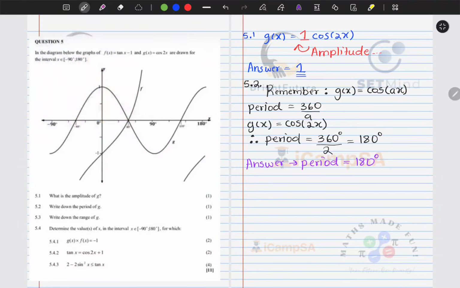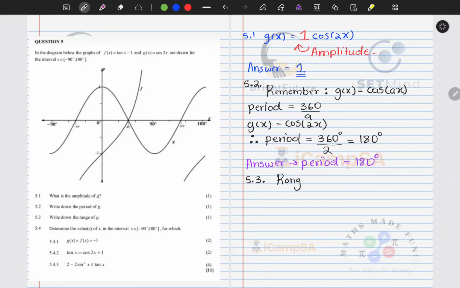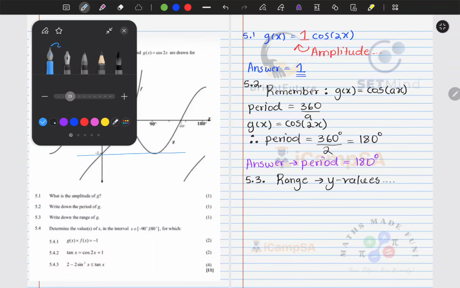Then let's go ahead and have a look at 5.3. So for 5.3, we are required to write down the range of G. So remember, when we are looking at the range, we are looking at y values. Okay. So if you look at our function G, which is the cos one, you will see that it will oscillate between 1 and -1. Okay.